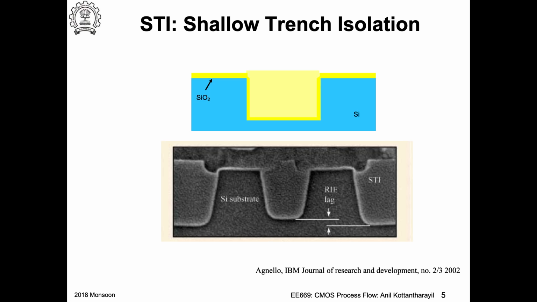This is because when you do the reactive ion etching to etch the trenches, if the trench is narrow, then the etch does not proceed as fast as in a wider trench, because the reaction byproducts have to diffuse out, and this is a slower process in a narrower trench compared to a broader trench.